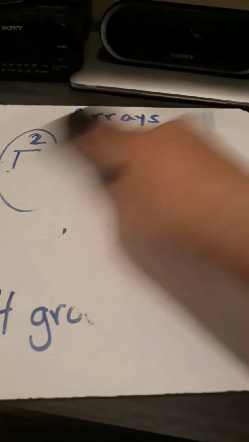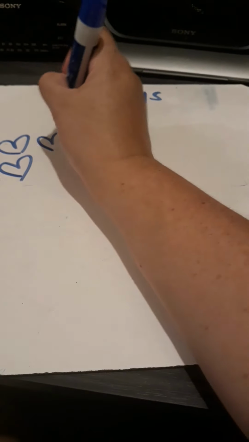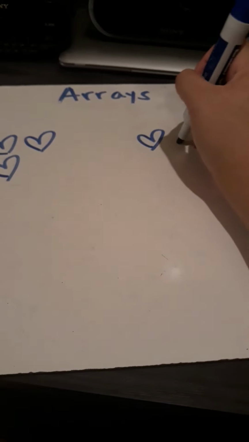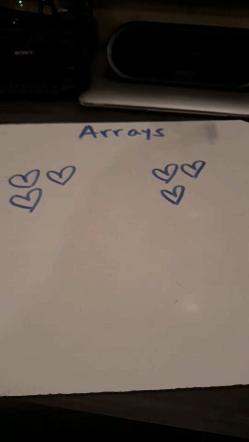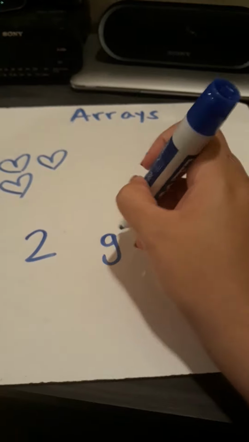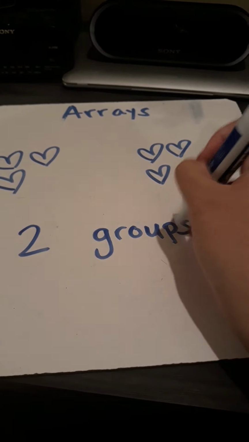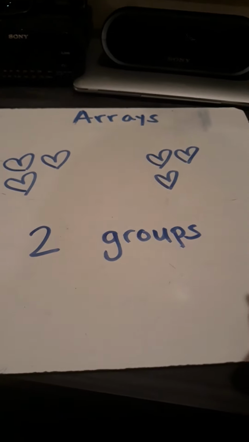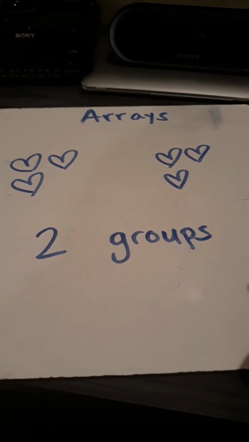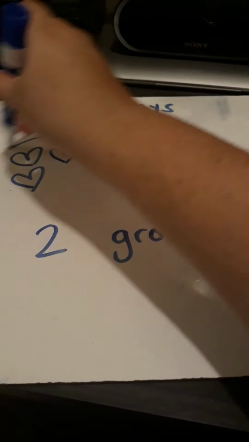Okay, let's try hearts. So how many groups of hearts do I have? 2 groups. Right? 1, 2. How many hearts do I have in each group? Here's my one group.